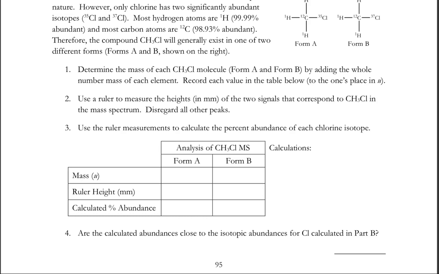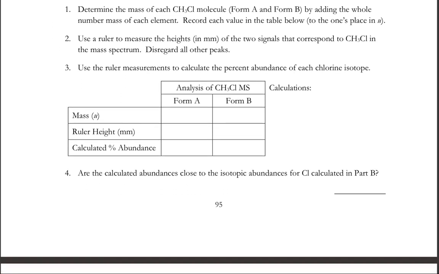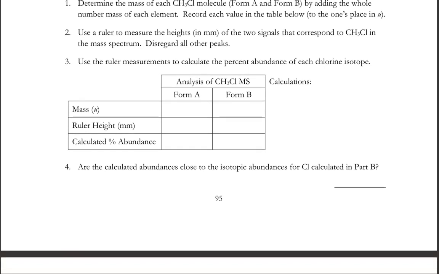And then from the heights, like you did in the problem above with chlorine and bromine, you're determining the calculated abundance, just taking into account the height data. And then for problem number 4, you are answering whether those calculated percent abundances are close to those you calculated above for chlorine.